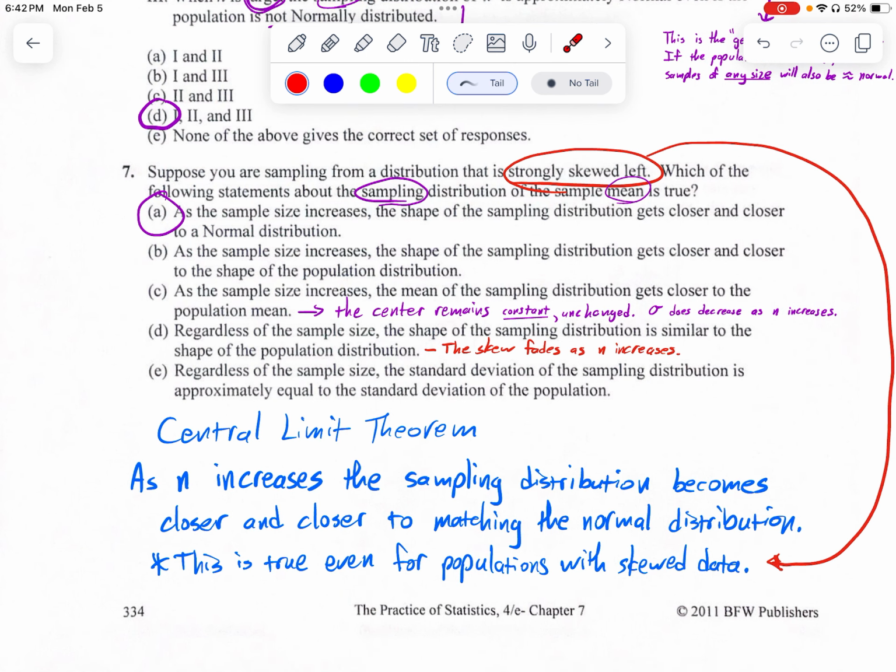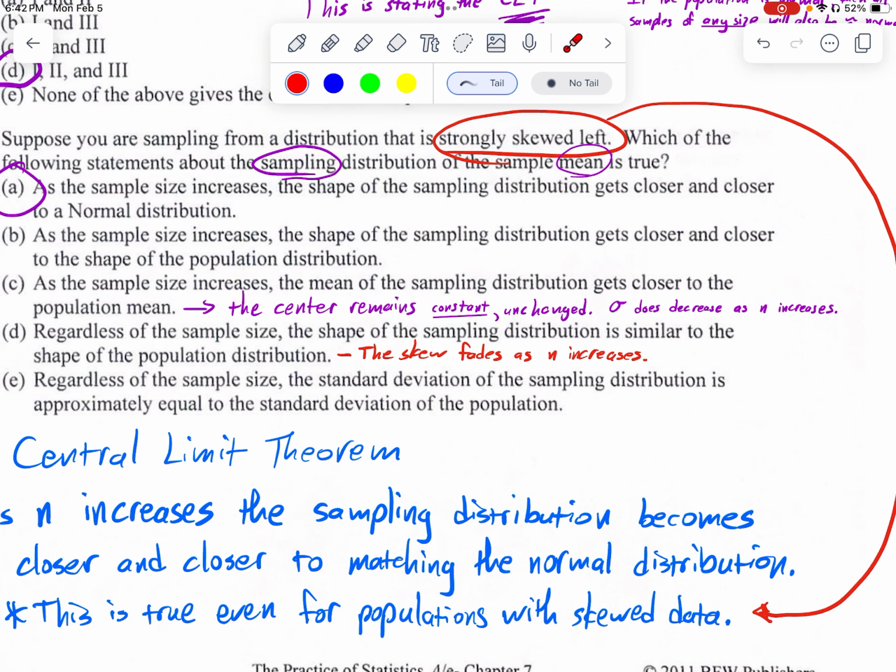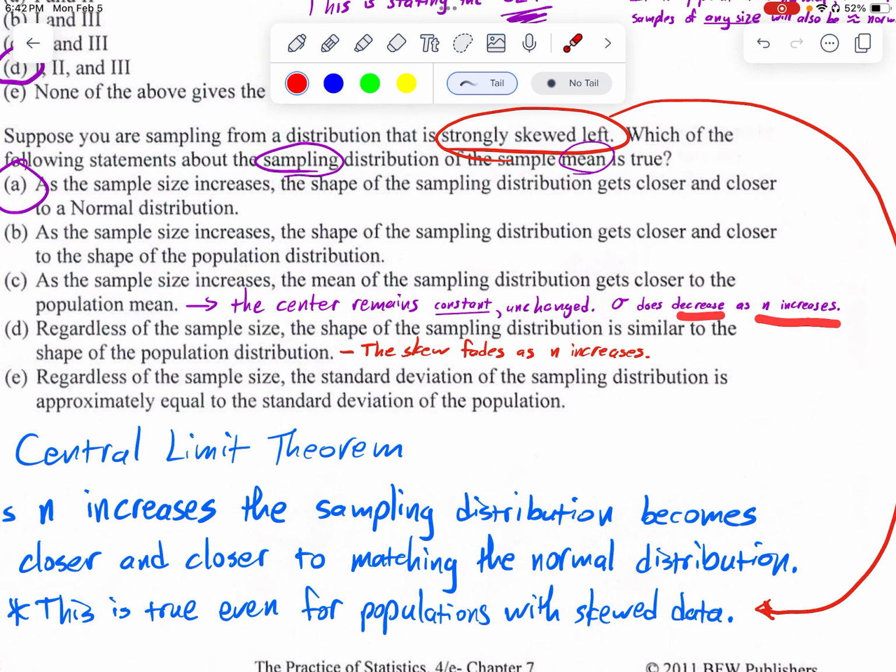C, as the sample size increases, the mean of the sampling distribution gets closer to the population mean. That's not true. The mean is like the center, right? The center remains constant, unchanged. What changes with sample size is the standard deviation. Standard deviation does decrease as n increases.